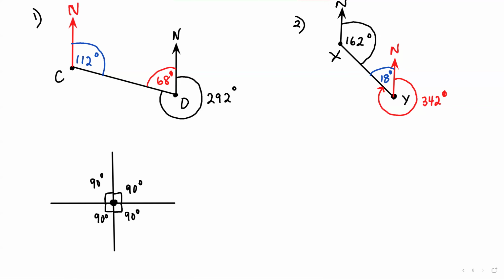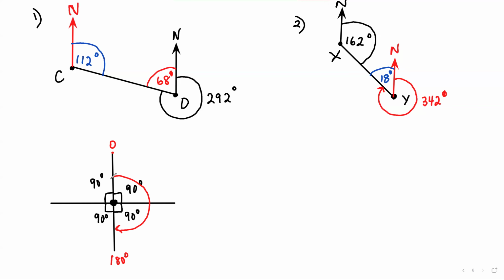So any angle on this side, from here to here, will be between 0 and 180 degrees, right? So any angle greater than 0 and less than 180 will fall anywhere here.